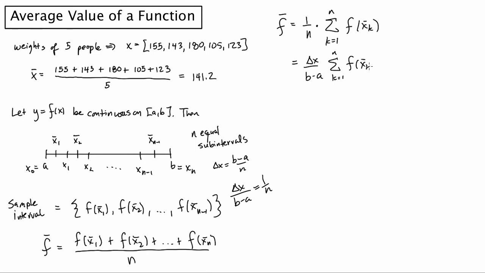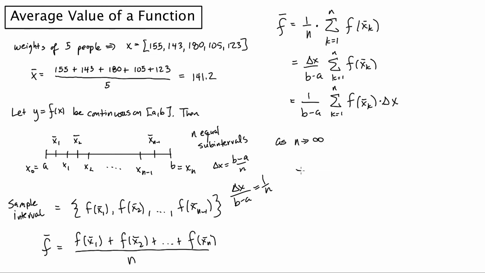And now it's starting to look like something we recognize. If I put the delta x inside the sum, which I can do because it doesn't involve k, since each one is a consistent subinterval width, then as n goes to infinity, this is a Riemann sum.